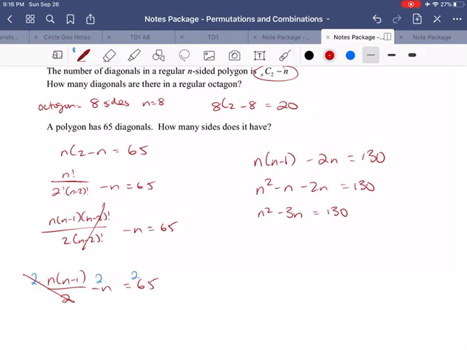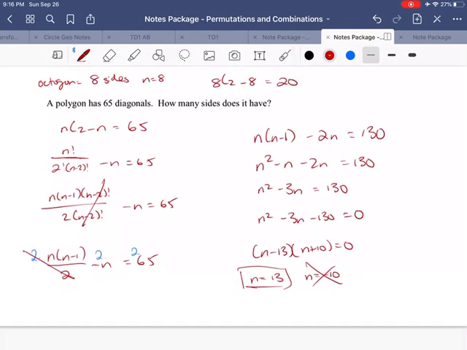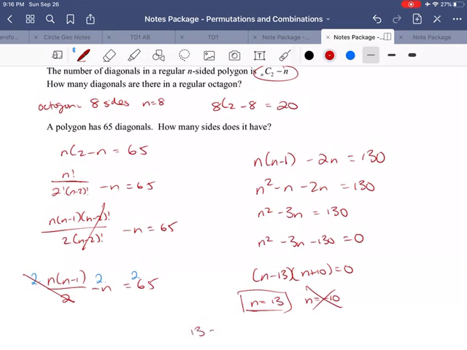Bring the 130 over. And then we factor: n minus 13, n plus 10. So our solutions are n equals 13 and n equals negative 10. We can't have a negative factorial, so there must be a 13-sided polygon. And if any of you know what a 13-sided polygon is, the name of it, bonus marks for you.